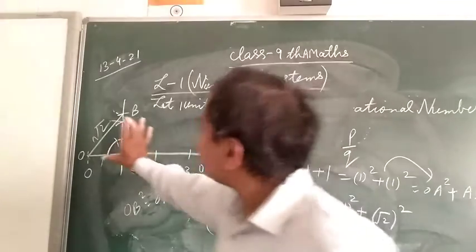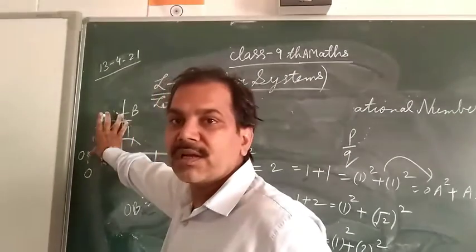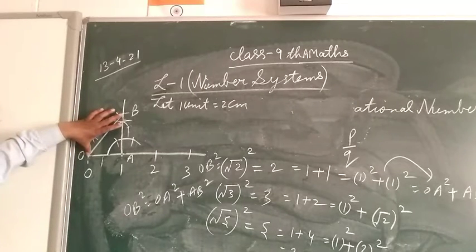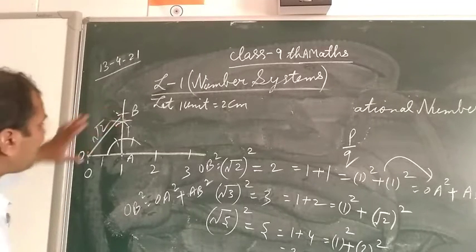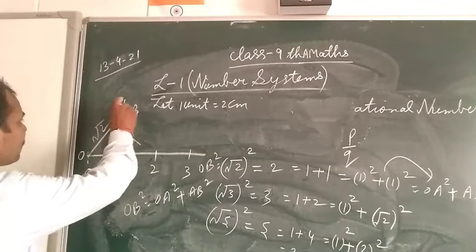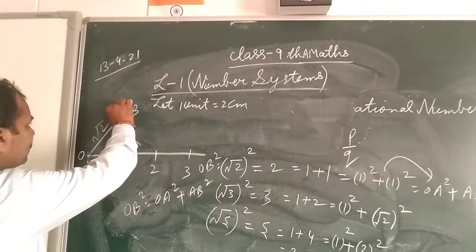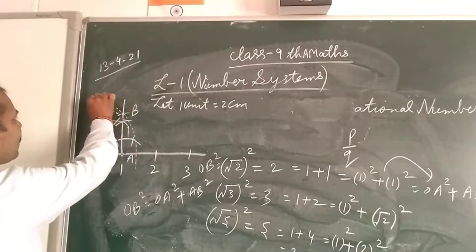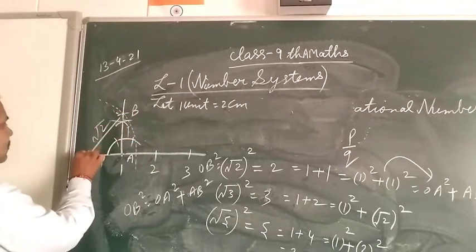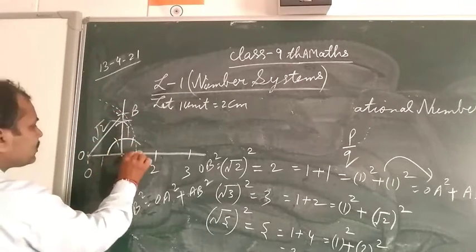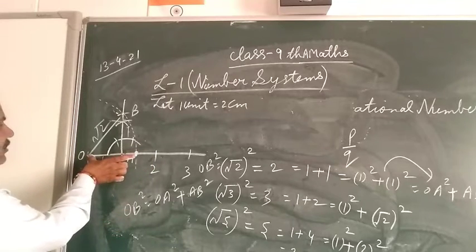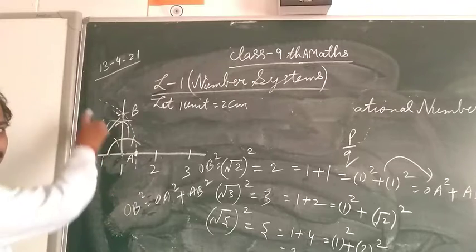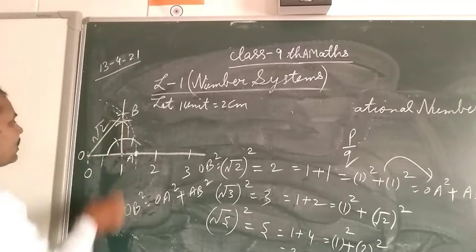So now take this distance in compass, like this. I am taking this distance in compass and cut one arc. This distance you have to take, because this is also the radius for this arc.